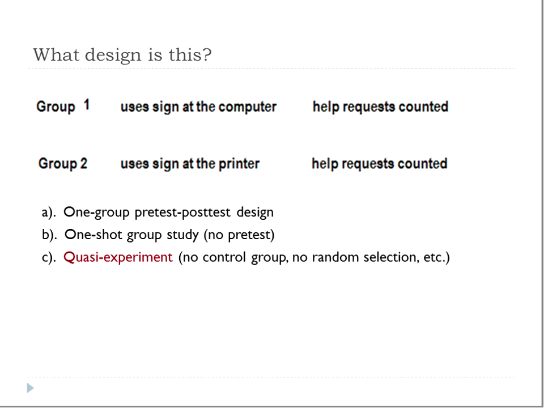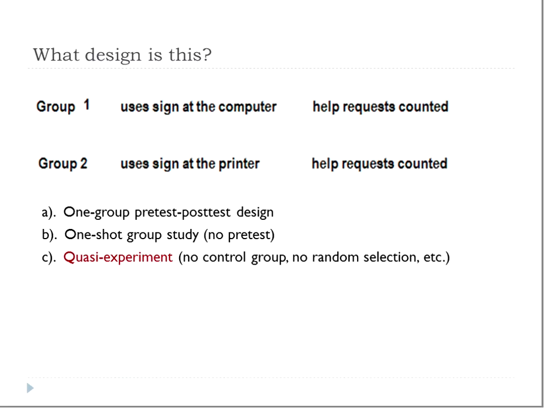And what does that mean? Well, it has a lot of the elements that a true experiment would have, but it has no control group. It has no random selection. Whoever happened to walk into those computer labs, they took the first 290 in each lab, and that's it. There was no random selection going on.